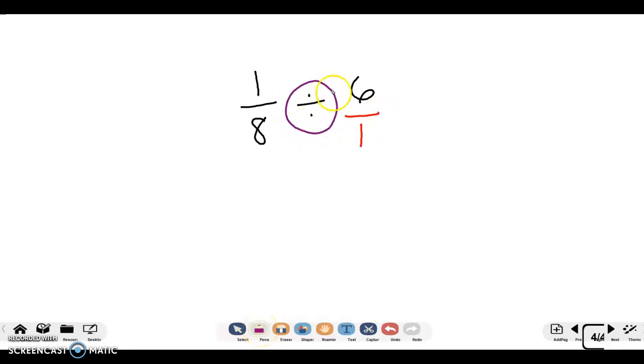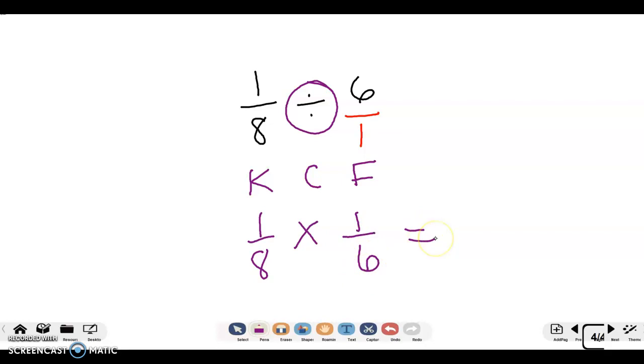This division sign tells us that we are going to do keep it, change it, flip it. So, keep the first fraction, change division to multiplication, and flip the second fraction. Now we have multiplication. We know we multiply across the top. 1 times 1 is 1, and across the bottom, 8 times 6 is 48.